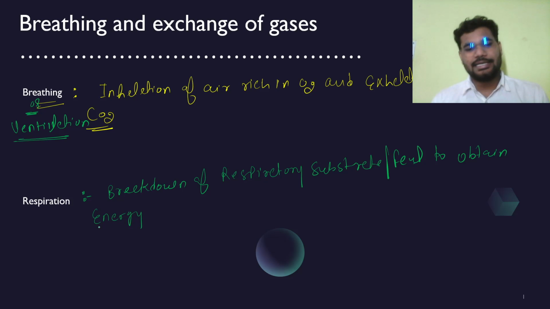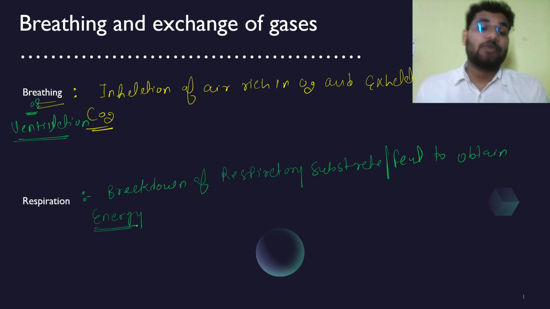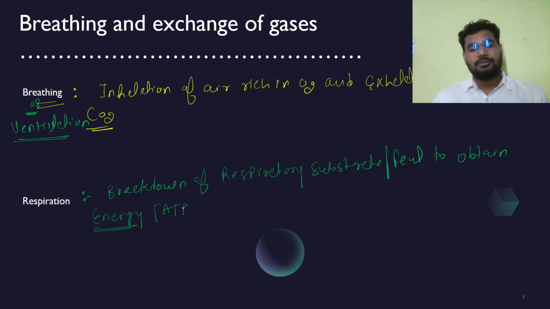Basically, heat is produced, and this heat is transformed into energy. This energy then is stored in the form of ATP. So that is the concept of respiration: the breakdown of respiratory substrate.